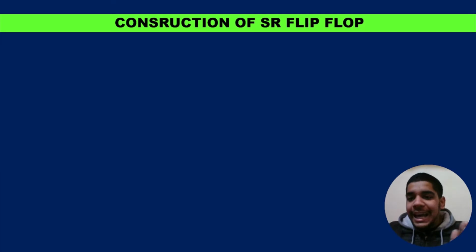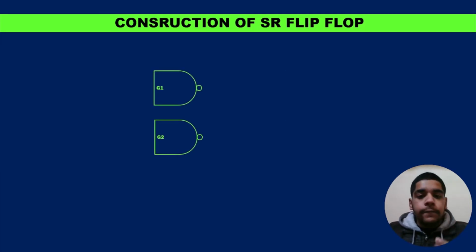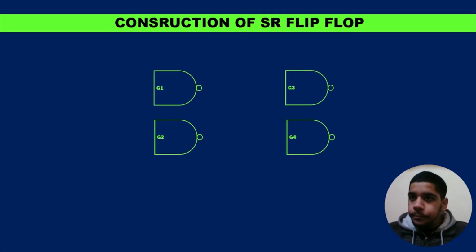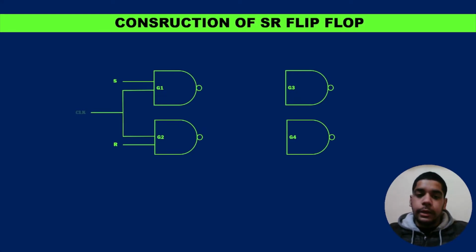For constructing the SR flip-flop, we need four NAND gates. After that, we have to give input, and as the name suggests, S and R: we'll give the input S to G1 and R to G2. We already discussed that in flip-flops we provide a clock pulse, so we provide the clock pulse to G1 and G2.